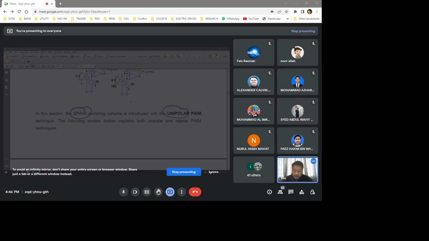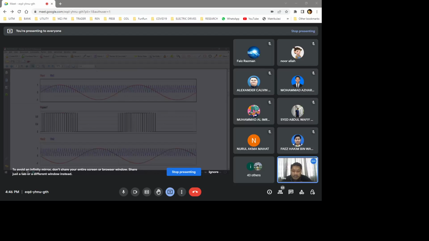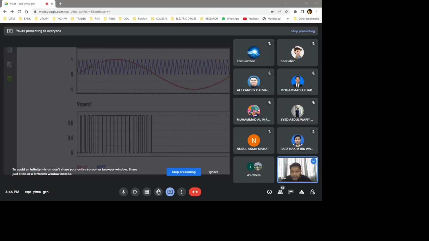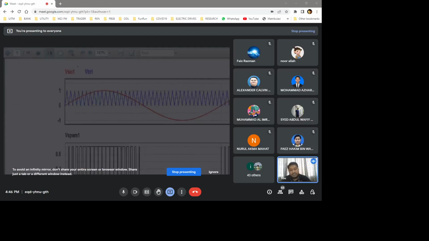So what are those signals? Look at this. You compare the modulating signal. This is known as the modulating signal, and the triangular carrier signal here is known as the carrier signal.